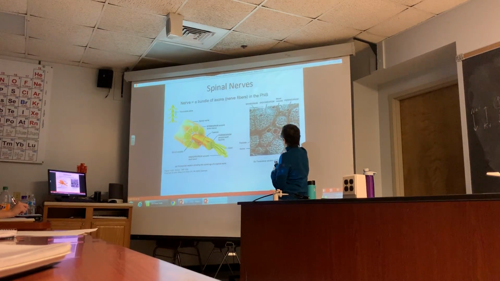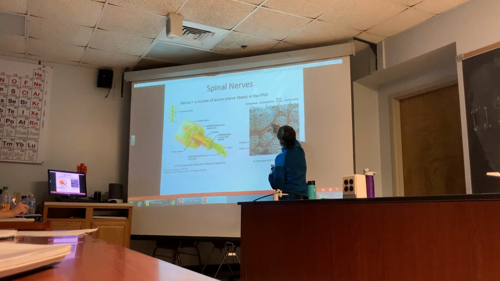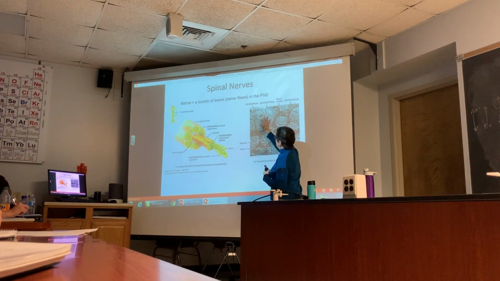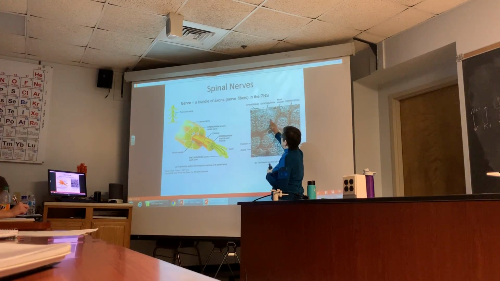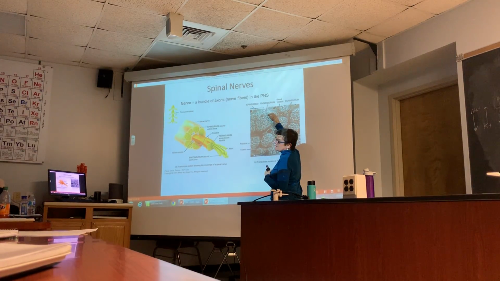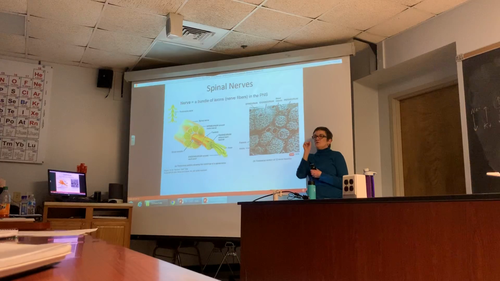Here's a cross section. The connective tissue is out here, bundling together hundreds of axons. All of these little things here are cross sections of axons. A lot of this white is probably the myelin sheath, and then the material on the inside is the axon. So some of these are myelinated. You can see a myelin sheath around that axon, that white stuff.